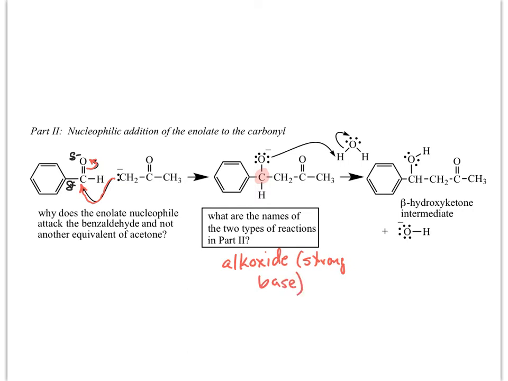Right, and so that alkoxide can react with other things in there, including water. The alkoxide group is protonated, making, if this is our carbonyl, there's our alpha carbon, there's our beta carbon, so there is our beta-hydroxyketone intermediate.